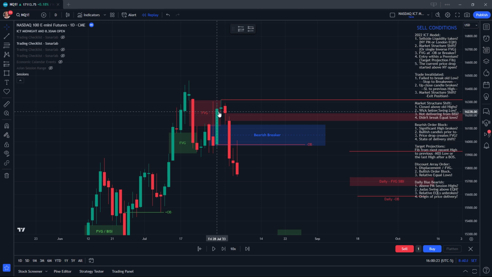The reason I say drop is because it has to be a sudden drop that creates displacement. Once price closes below there, we have overlapping PD arrays. Now we have a bearish order block and a bearish breaker, and even though I haven't marked it on the chart, a sell side imbalance here. So now we have 3 PD arrays, and everyone can see price goes back up there.